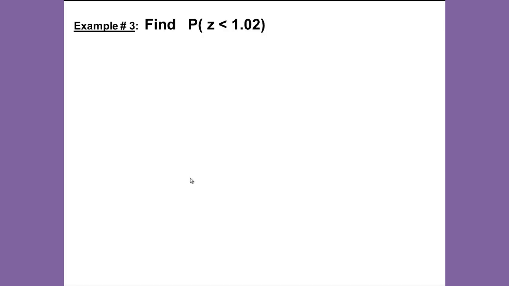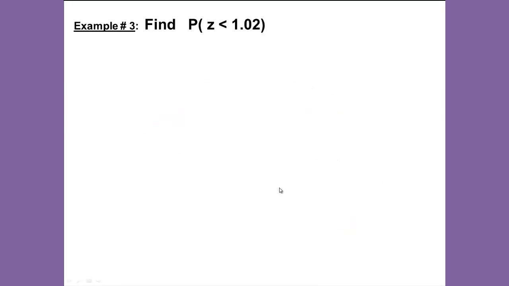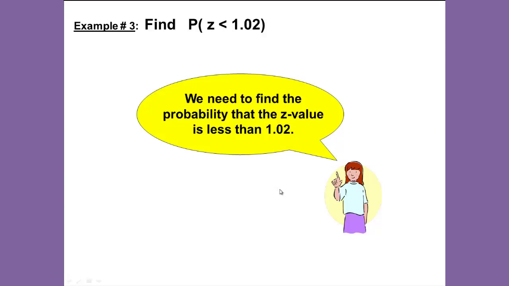We still want the area to the left since less than shades to the left on a number line, and area and probability are the same thing when dealing with a standard normal table. We need to find the probability that the z-value is less than 1.02.